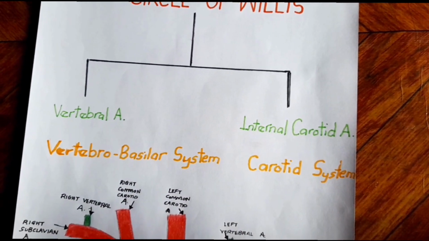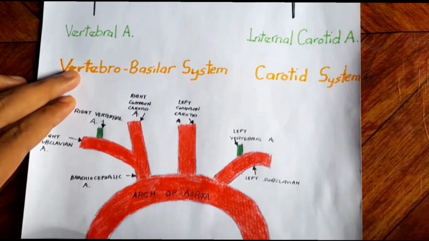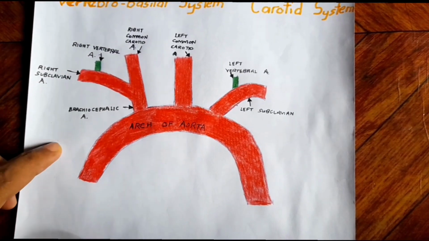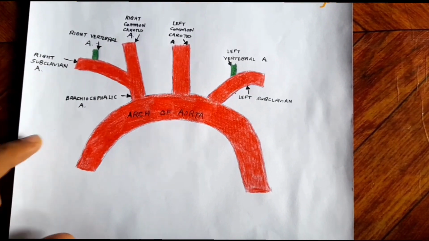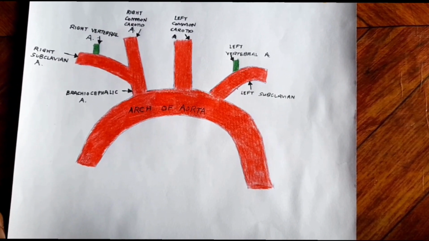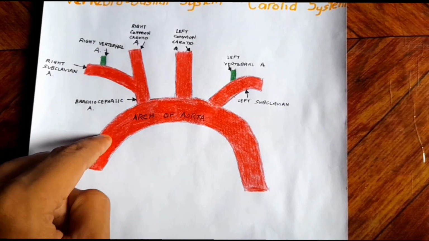So where can we begin this circle of Willis? We can begin from the heart. As we can see in this diagram, from the left ventricle, we have the aorta. The aorta comes and we have the arch of aorta.